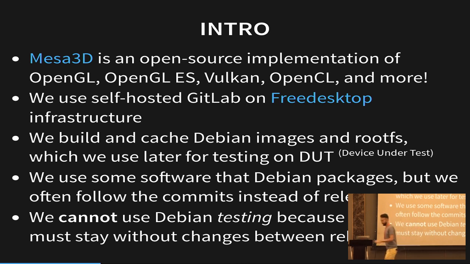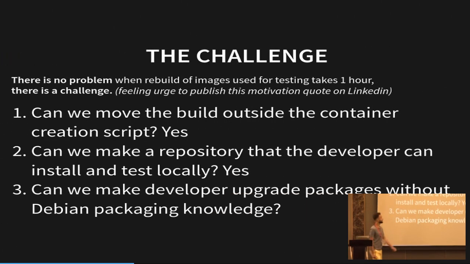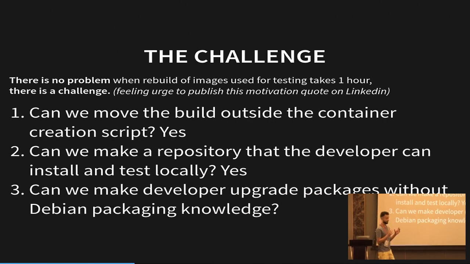So let's continue. So the challenge. Currently, there is no problem when we rebuild images and it takes 1 hour, but there is a challenge, as managers say these days. The trick is, can we move our software building out, since we don't use packages for most of our software which is up to date and used for testing; it's usually built from sources.